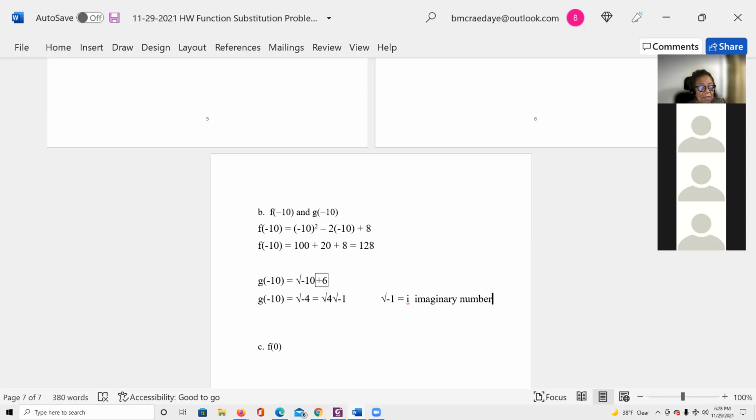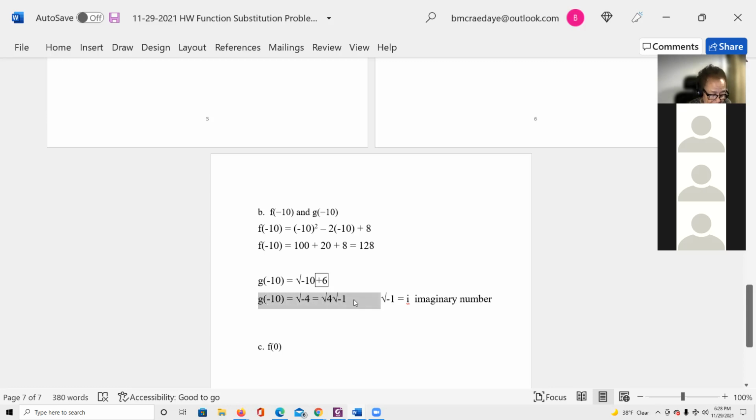If you have a negative square root, break it up into two square roots where one has a perfect square root, and 4 does have a perfect square root. It's equal to 2. And the square root of a -1 by definition is i, the imaginary number. So what does this become?